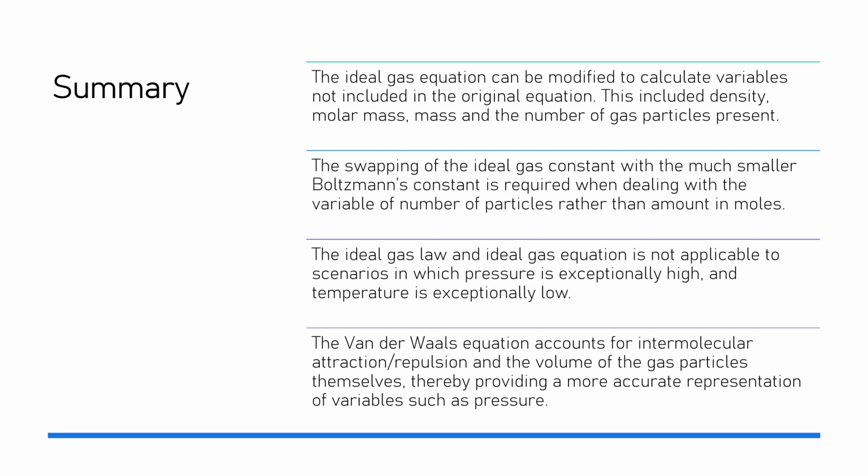We then carried out calculations involving the ideal gas equation and the van der Waals equation before comparing our answers, before explaining why the answer from the van der Waals equation provides a more accurate representation of variables such as pressure. That brings us to the end of this video.